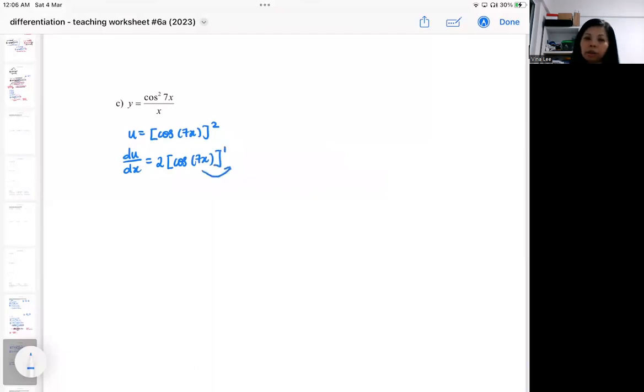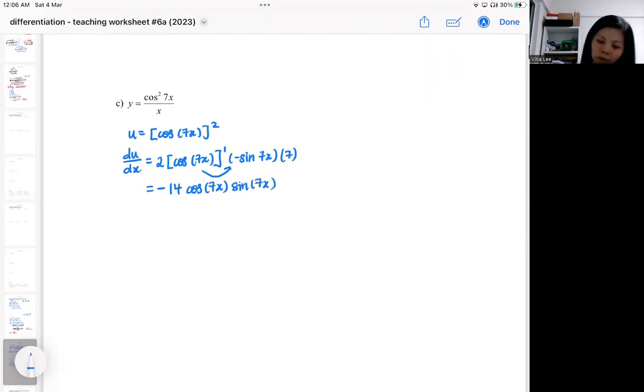So when you differentiate inside, you got the function to differentiate, where you get a minus sine 7x. Then you differentiate the angle. So don't forget about this. And then in this case, you'll be getting a minus 14 cosine 7x sine 7x.